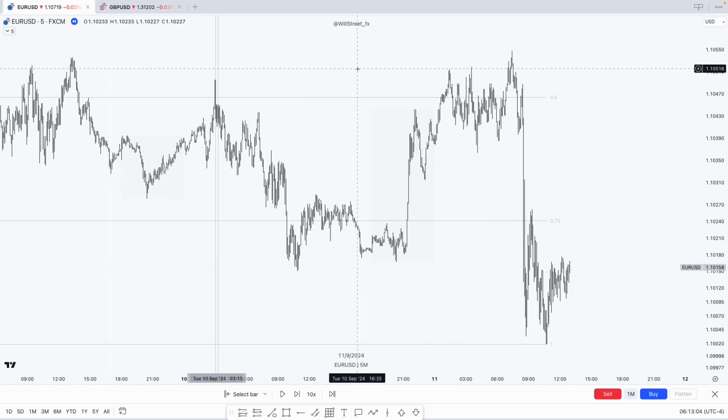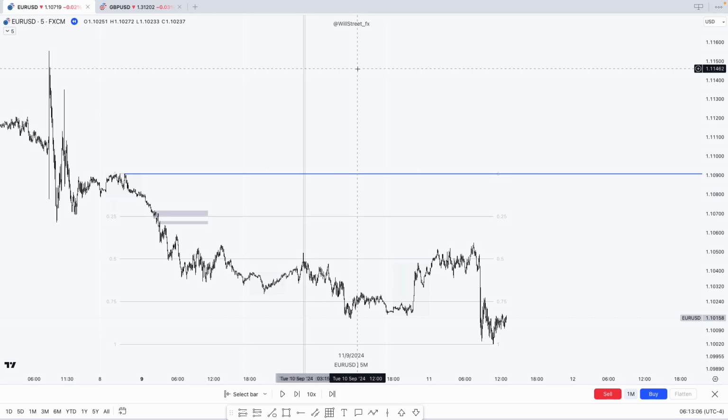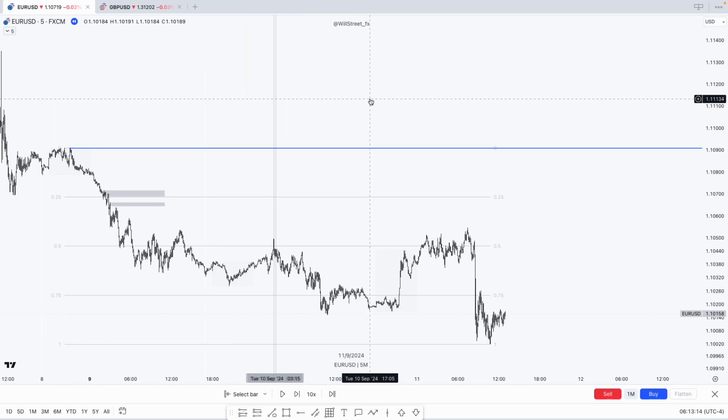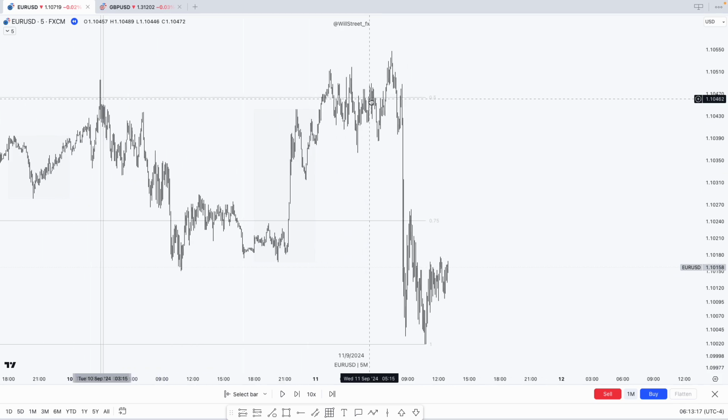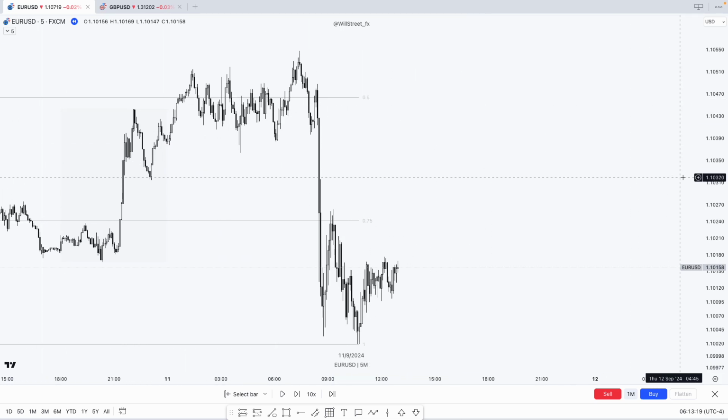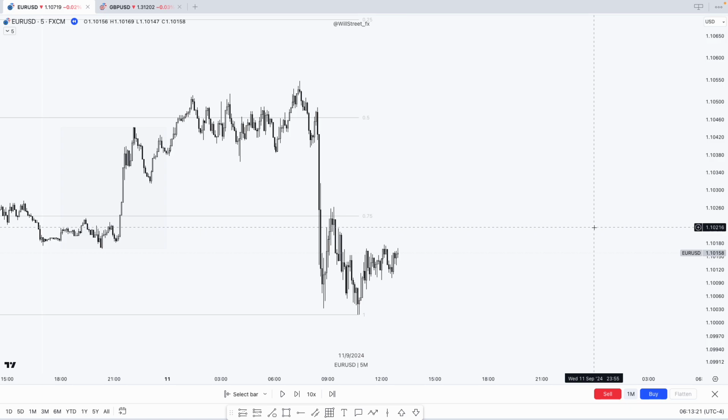As I said, I'm revealing the draw on liquidity as my Christmas gift for you, but we are still in September. So you should study this model, how it works every single day on every single pair.